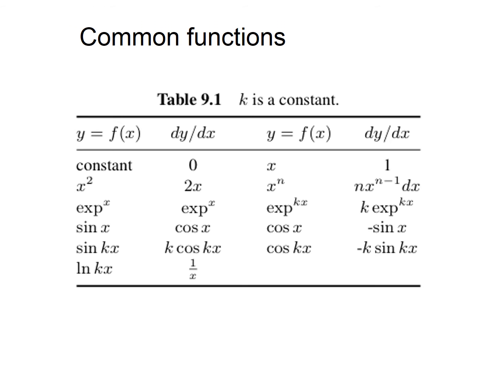So if we use our formula, f dash of x is equal to n x to the n minus 1. If n is 1, what is it? It's 1 minus 1. You must know what 1 minus 1 is. 0. So what's something raised to the power of 0? It's 1. And what's v times 1? We're bringing n down to the front here. v times 1 is just v.